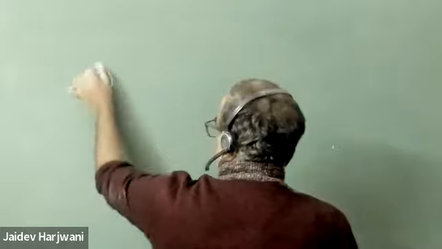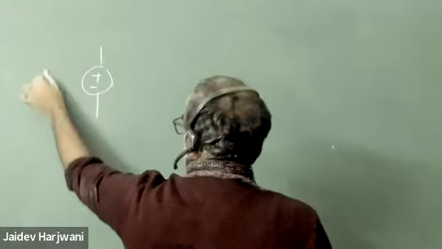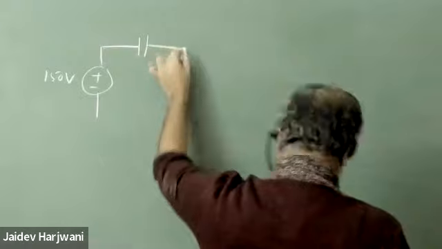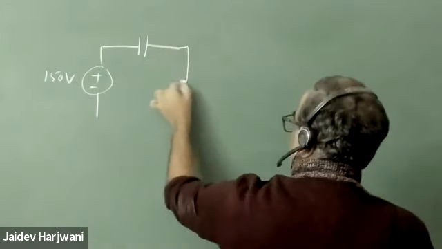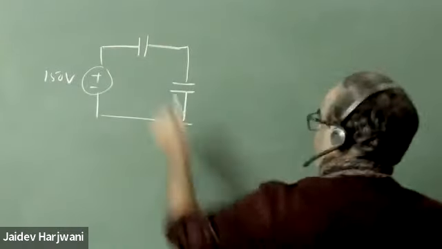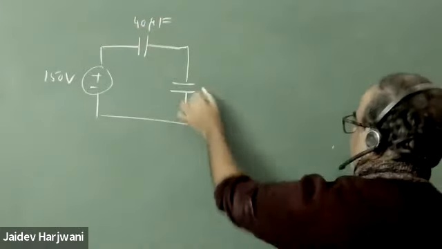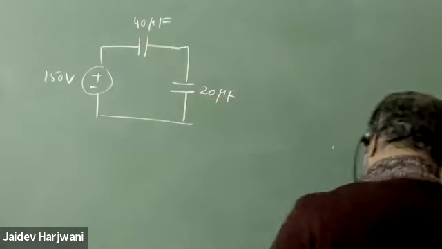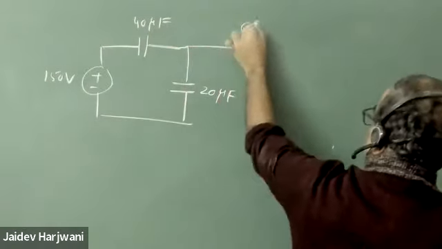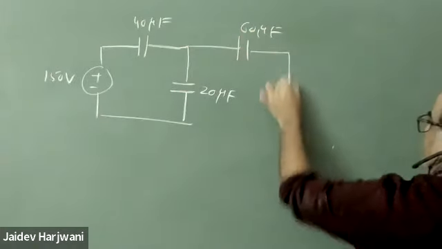You can write this plus minus. Okay, this is 150 volt, and then you have a capacitor of 40 microfarad, and then a 20 microfarad, then again a 60 microfarad, and then a 30 microfarad.